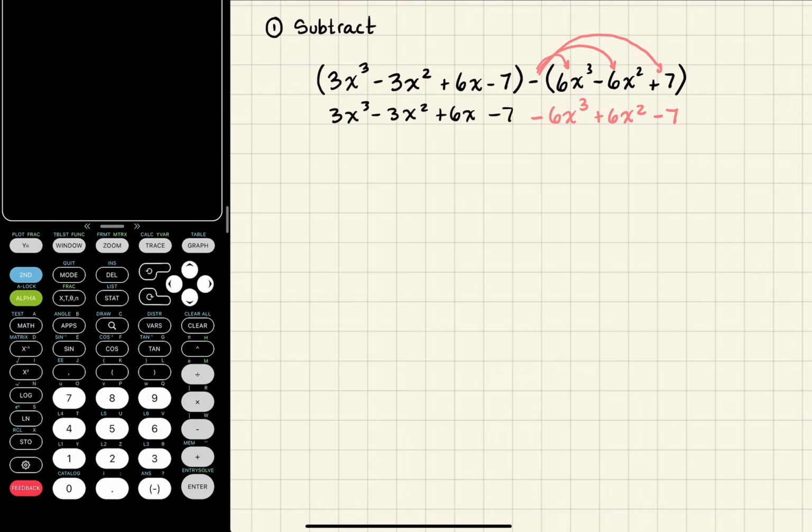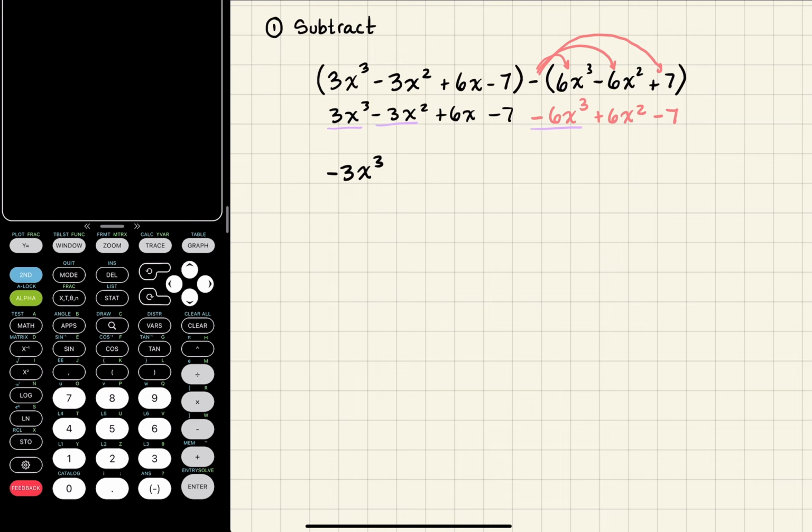Now we're ready to combine like terms. I can see we've got a 3x cubed here, and we've got another x cubed term here. 3x cubed minus 6x cubed would be a negative 3x cubed. What else?